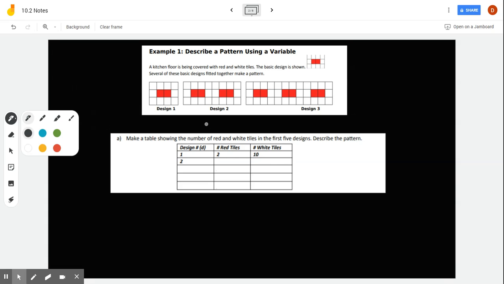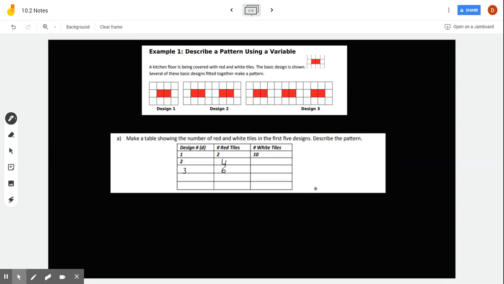Okay? So in design 2, let's look. You can almost ignore the white tiles for right now. We're just going to look at the red tiles. So in design 2, how many red tiles were there? 1, 2, 3, 4. So we'll just add the number 4 there. In design 3, how many red tiles were there? Well, looks like they're going up by 2s.